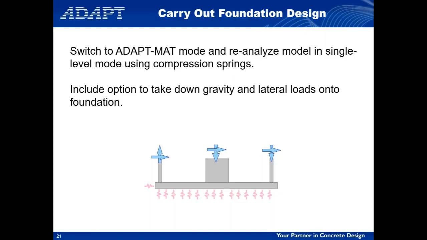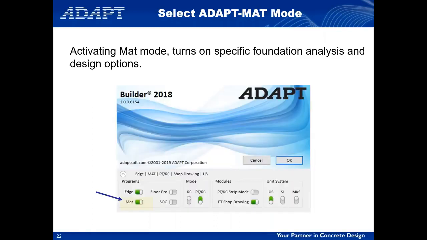The idea of replacing it with fixed supports doesn't make sense, so we're going to run it in mat with the spring supports, and most importantly, you want to make sure you're selecting the right options to do the load takedown for gravity and lateral loads. First of all, remember when you're reopening, it's the same exact model. All you're doing is closing the model, saving what we've done before, and opening it, and this time it's going to be in mat mode.